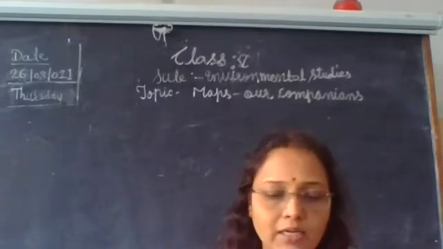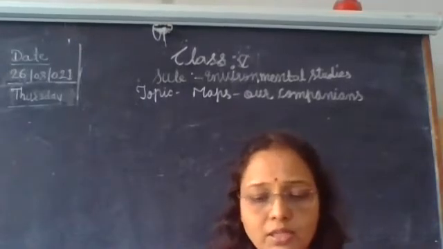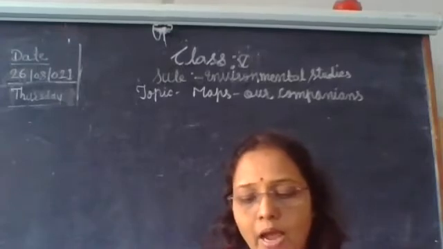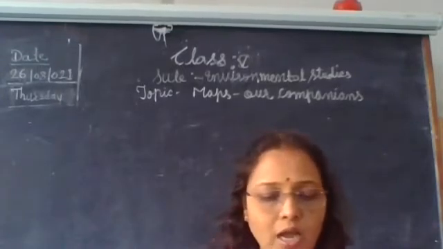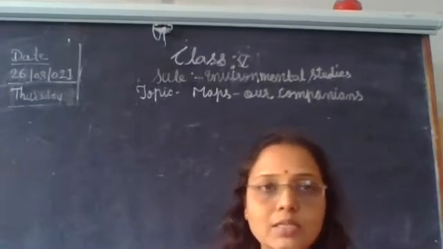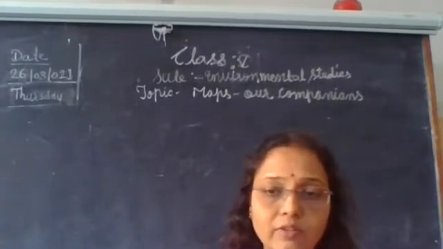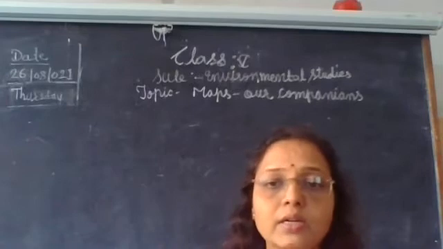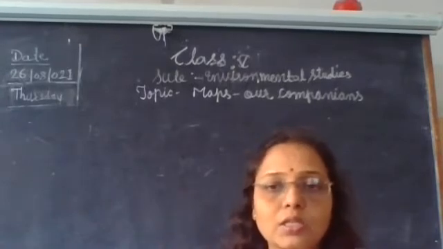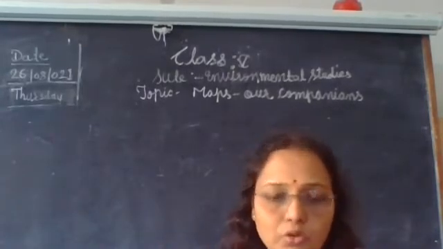The signs that are used to show the various things on the map as per convention are called conventional signs. It is convenient for all people to understand the place.